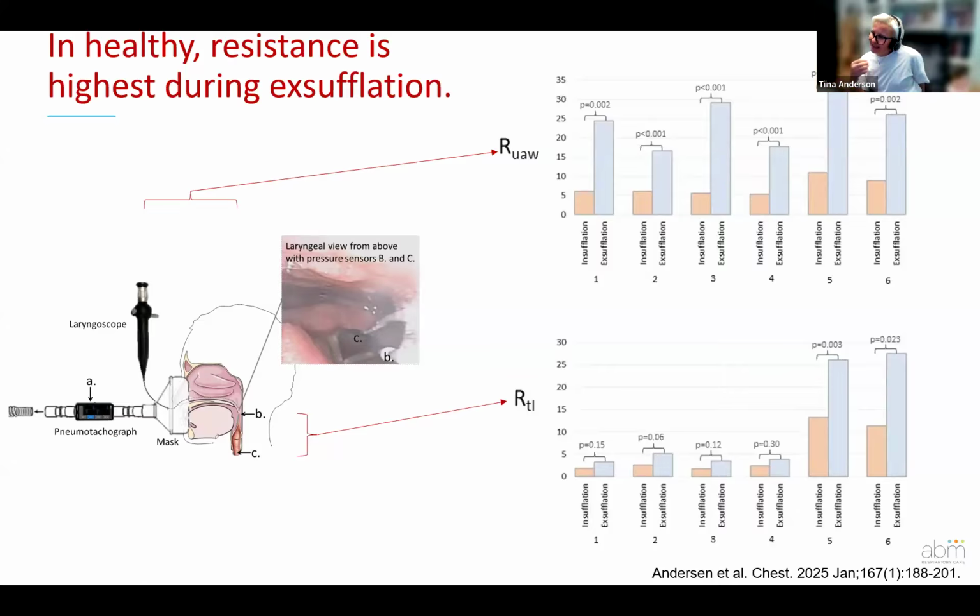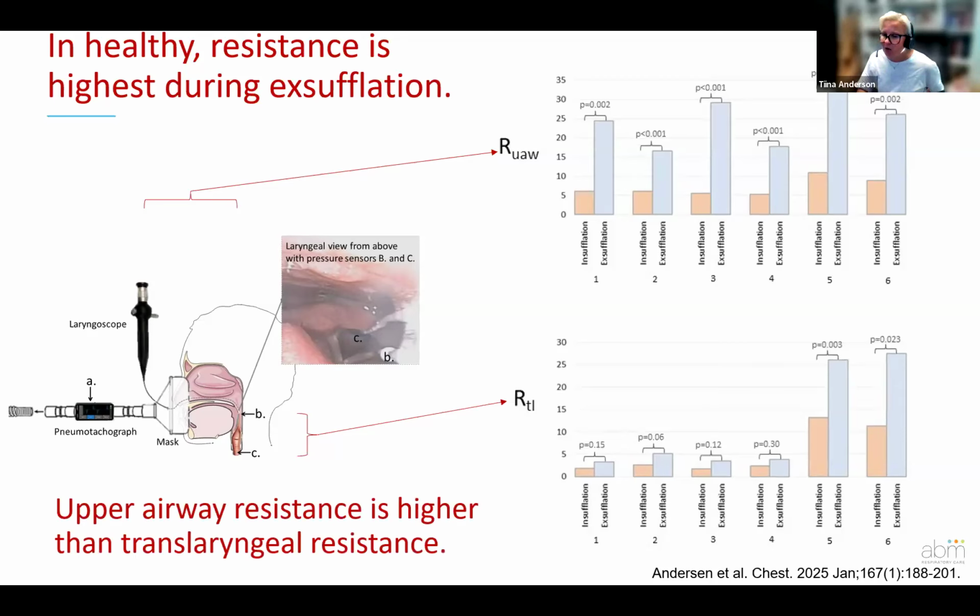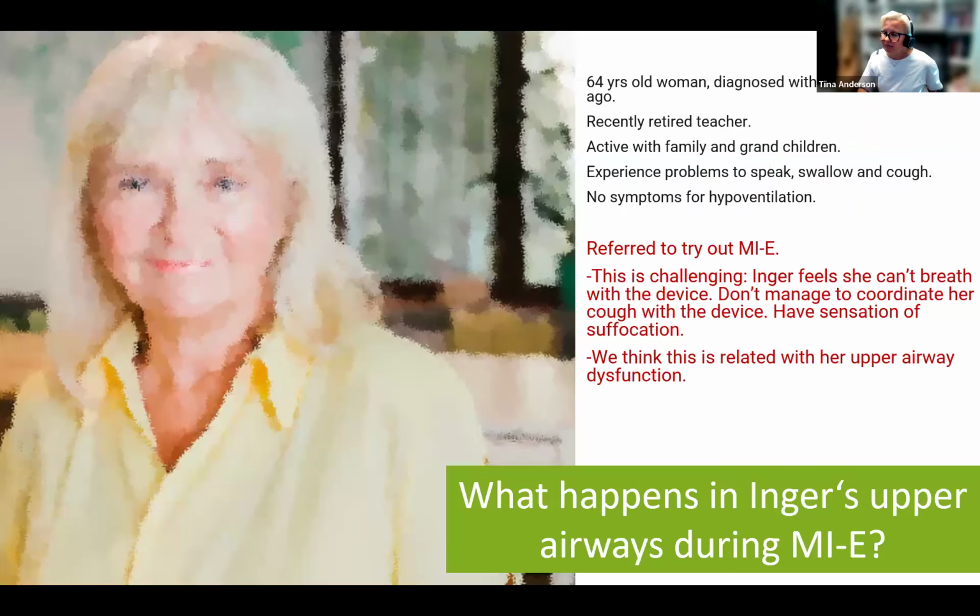And you see from these graphs that the resistance is always biggest during exsufflation, and always biggest from mask to epiglottis, also in those very soft structures. But keep in mind, these are just healthy volunteers, participants who were highly motivated to be tested here.